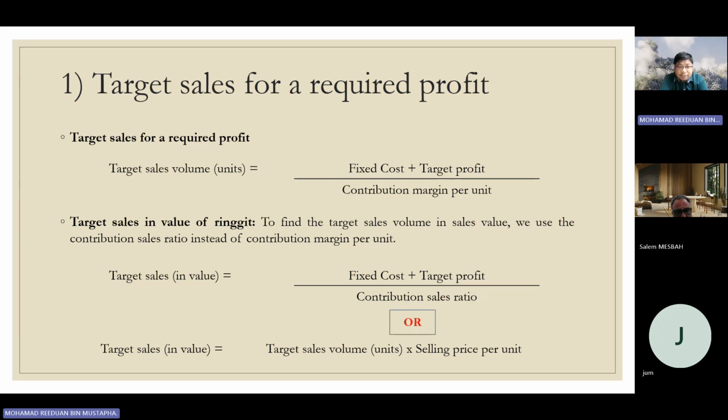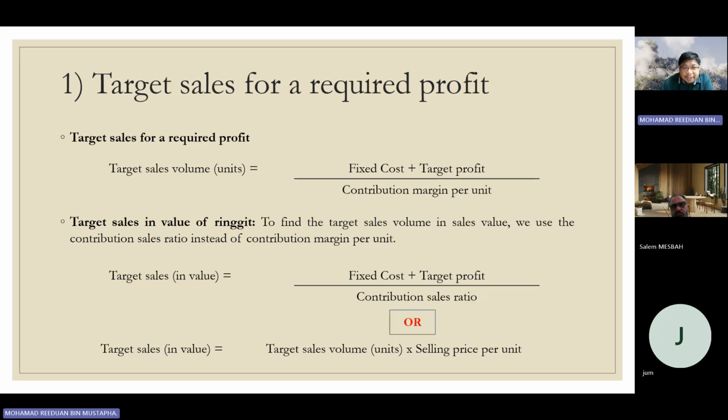So this is the formula whereby you have the fixed cost plus your target profit, how much profit you want to achieve, and then you divide by the contribution margin per unit. The difference from the contribution margin per unit approach is just that you only have to add the target profit. The same formula is given.